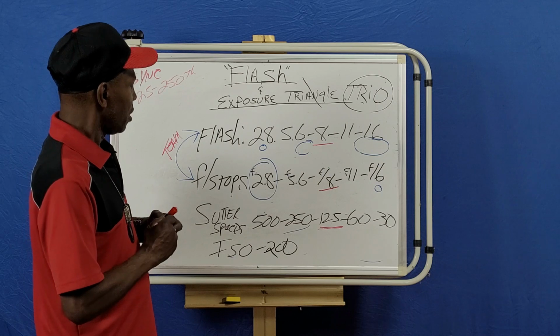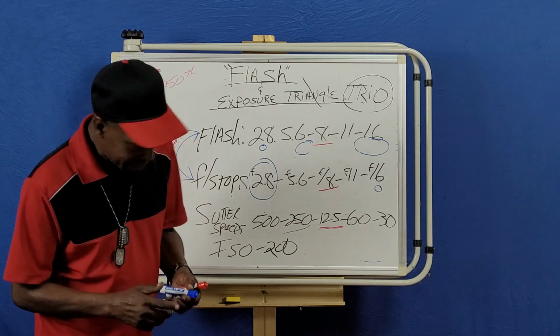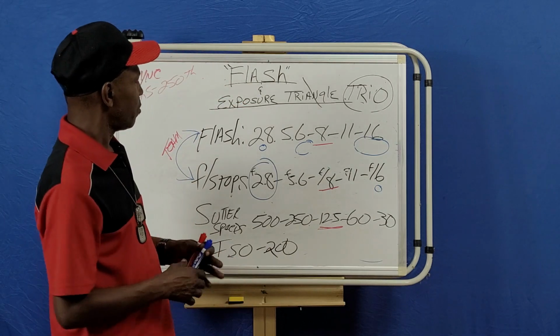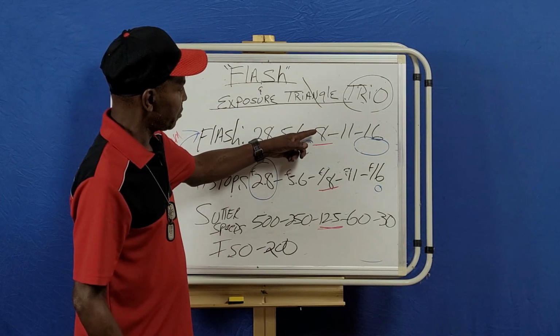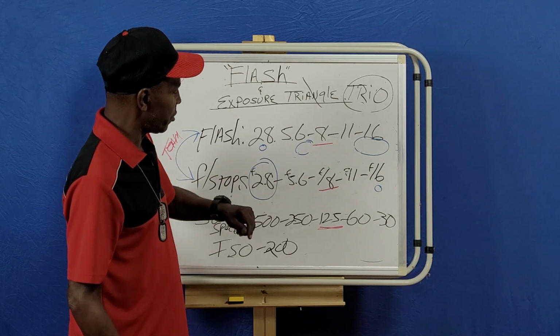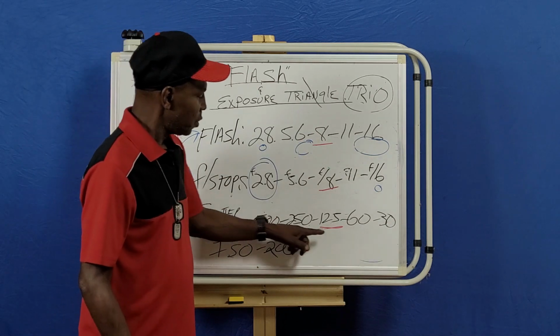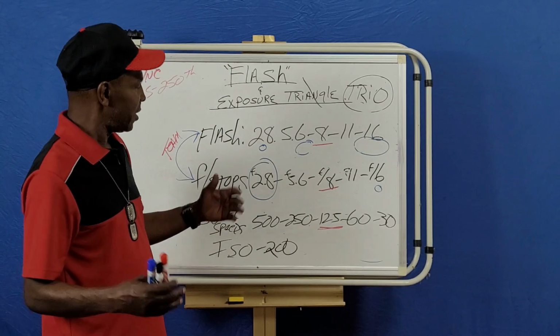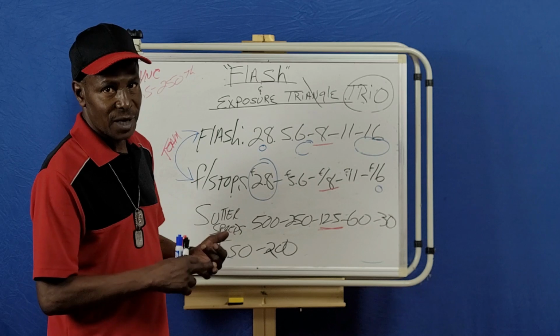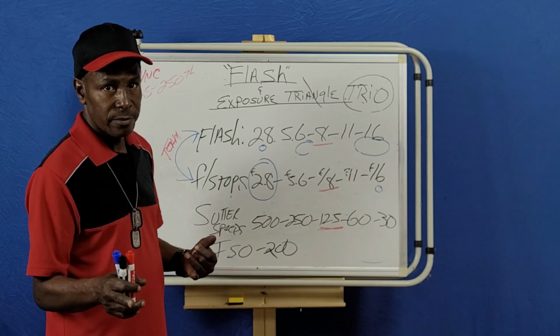And so we can actually go the opposite way too. So let's do this. Let's say you're using your f8 flash output, f8 on your f-stops, 1/25th on your shutter speed. Because remember, the f-stops and the flash expose the subject.